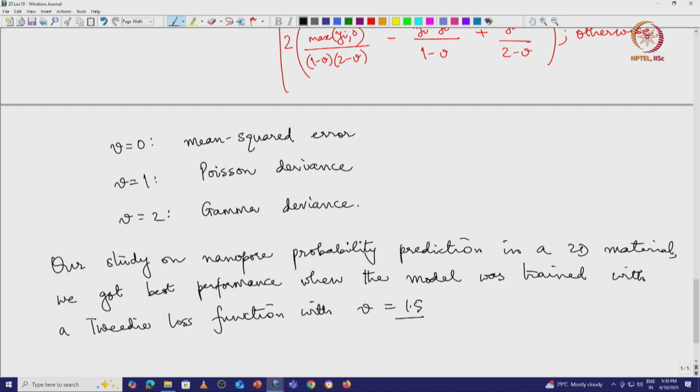So, in some sense you can try to understand what is the loss function that best describes your data set in terms of it being able to generalize more broadly to the unseen test data.